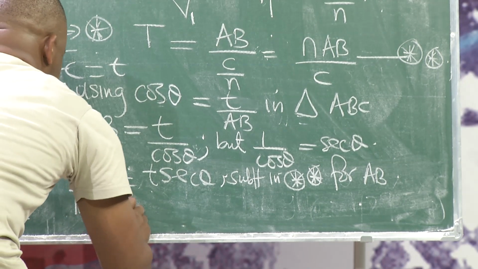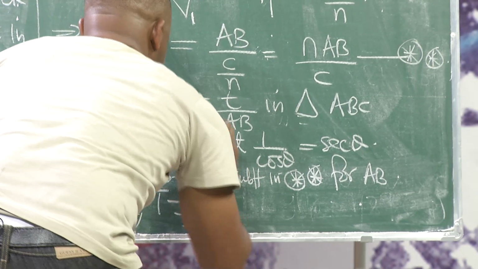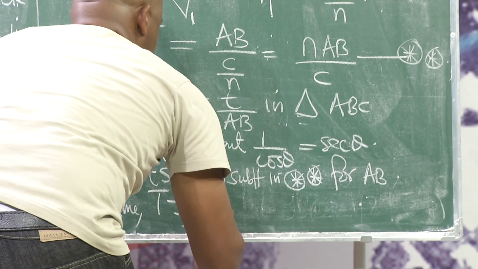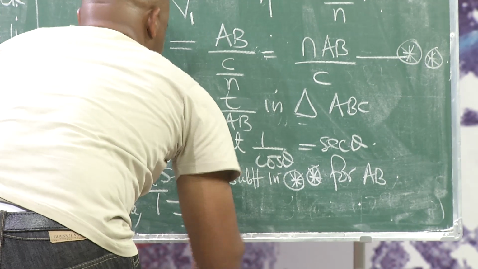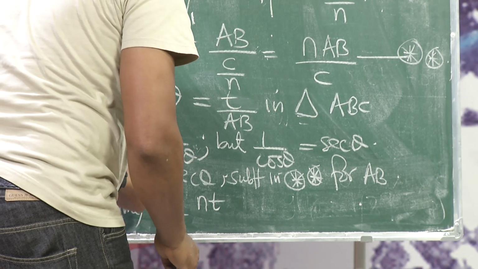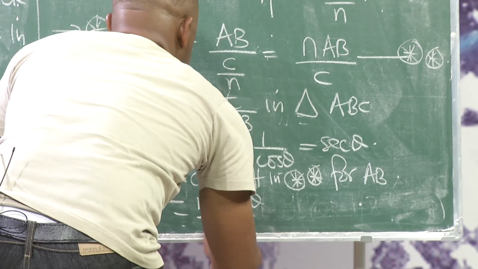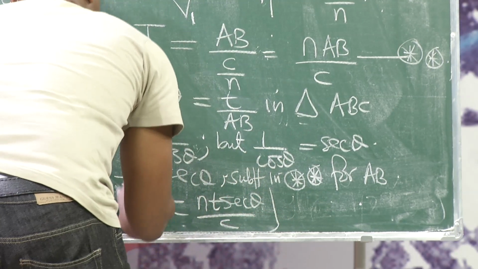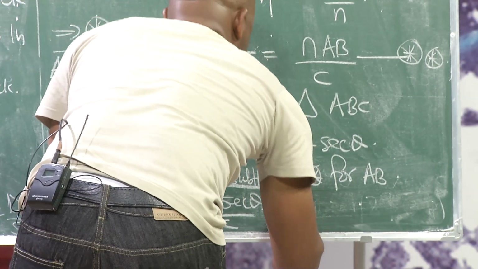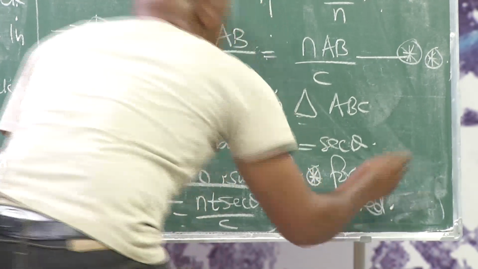The time T would indeed be equal to n times AB, which is now t sec theta, divided by c, which gives us the expression that was required by the examiner.